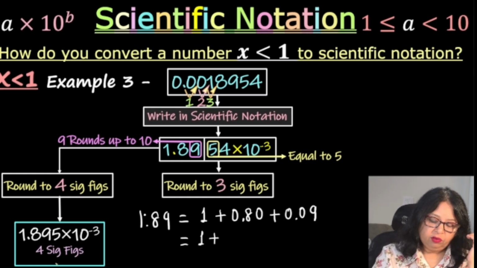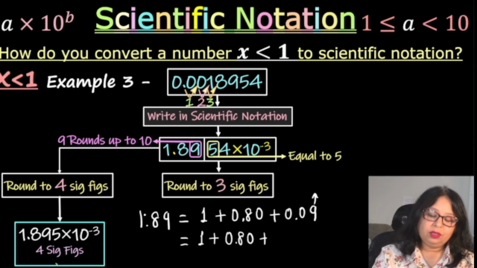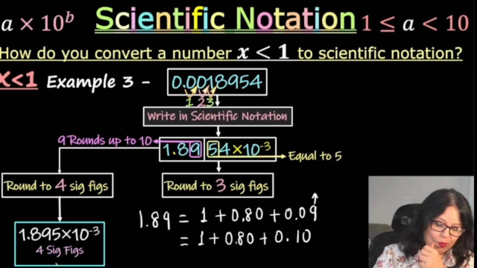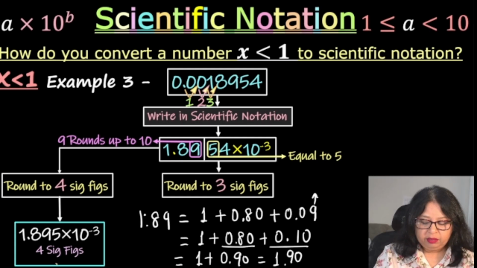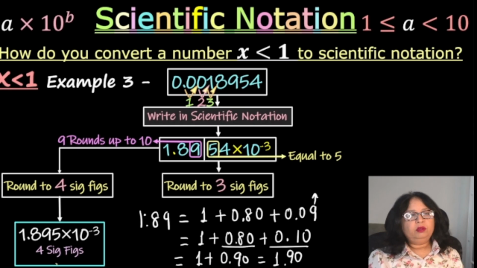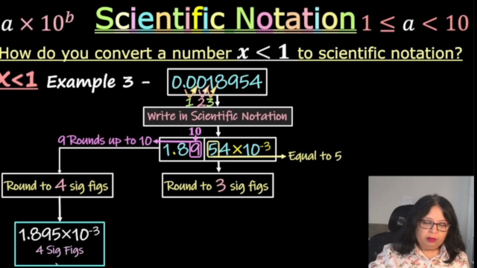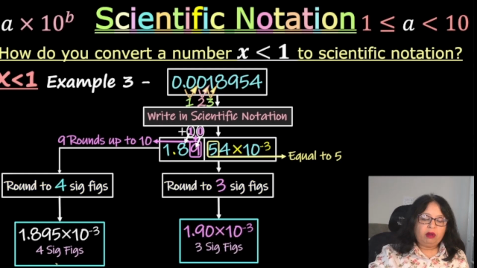This I can write as 0.80, but now we're going to say that this 9 is changing to 10. So it becomes 0.10. Now add these numbers up. It becomes 1 plus 0.80 plus 0.10, 0.90, which gives you 1.90 here. So this is your answer, of course, times 10 to the power negative 3. Just wanted to show you explicitly how to round it up, how it makes sense.